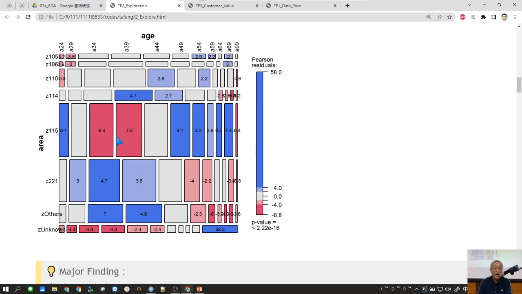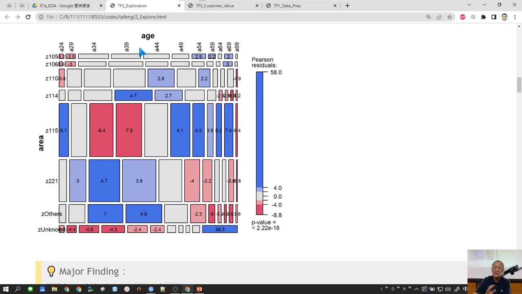The red color means that, compared to the entire population, for customers living in Z115, their proportion of A34 and A39 is significantly lower than the entire population.